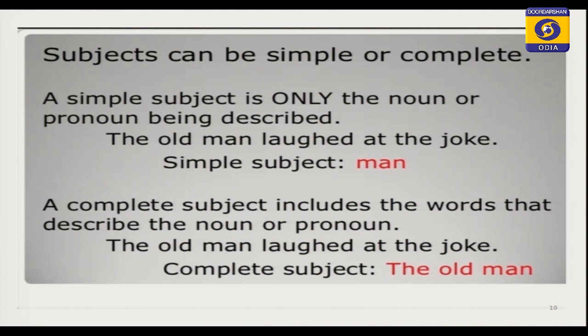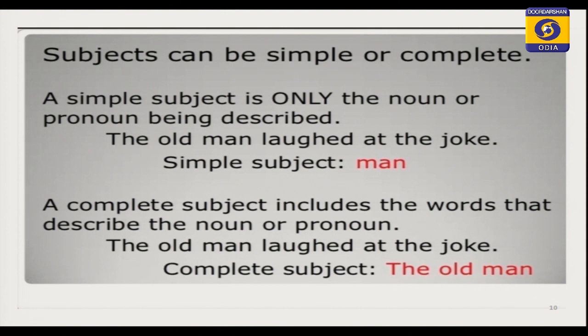It is very necessary for us to know what a simple subject is and what a complete subject is. See the first sentence: The old man laughed at the joke. What is the verb here? Laughed, isn't it?